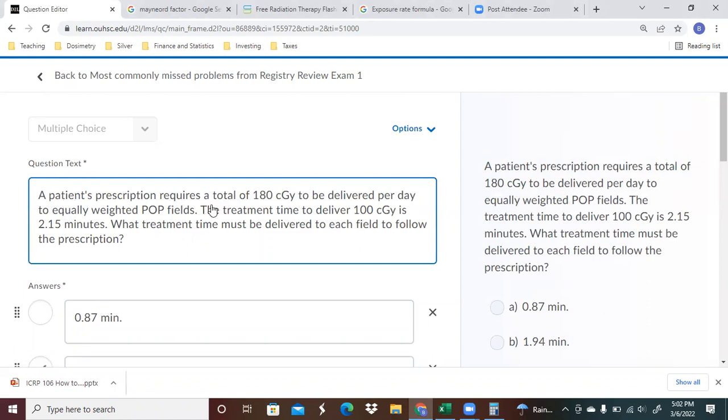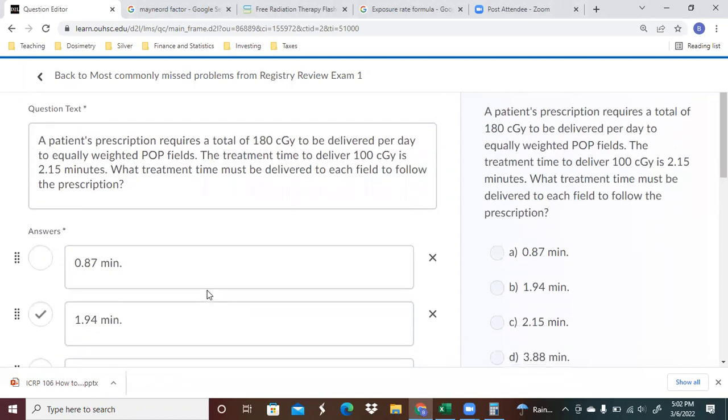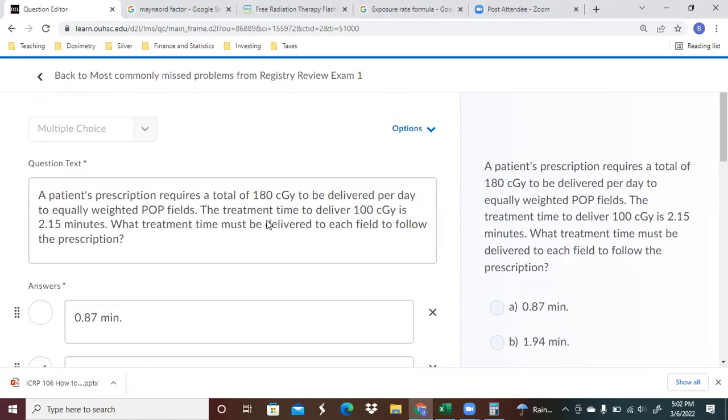So a patient's prescription requires a total of 180 centigrade to be delivered per day to equally weighted parallel opposed fields, POP, parallel opposed. The treatment time to deliver 100 centigrade is going to be 2.15 minutes. What treatment time must be delivered to each field following the prescription? So this is 1.94.